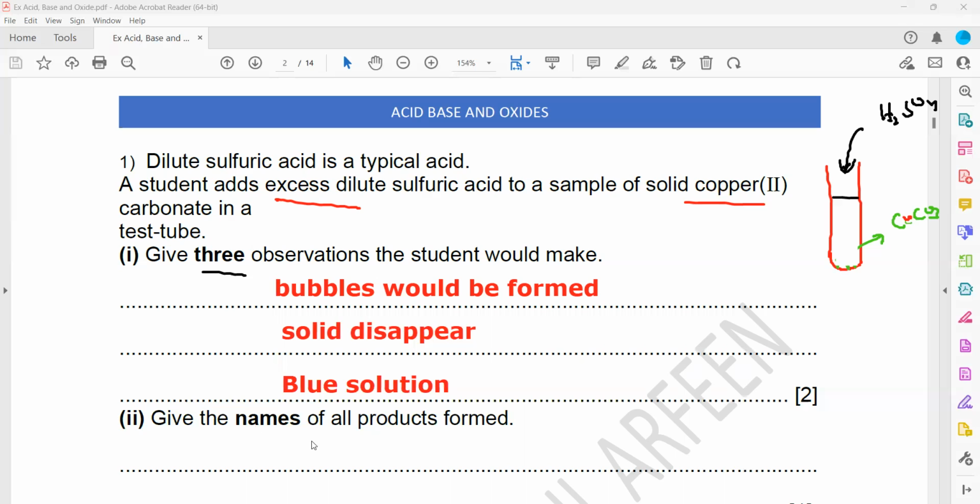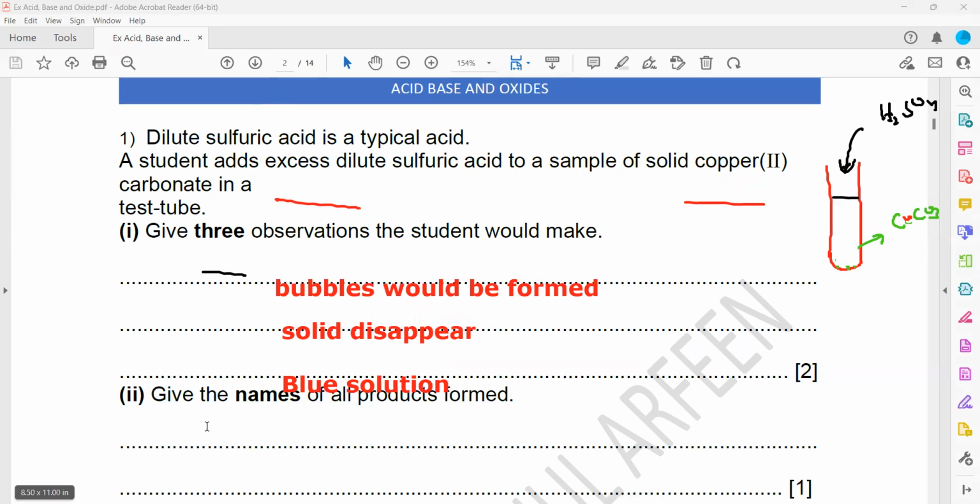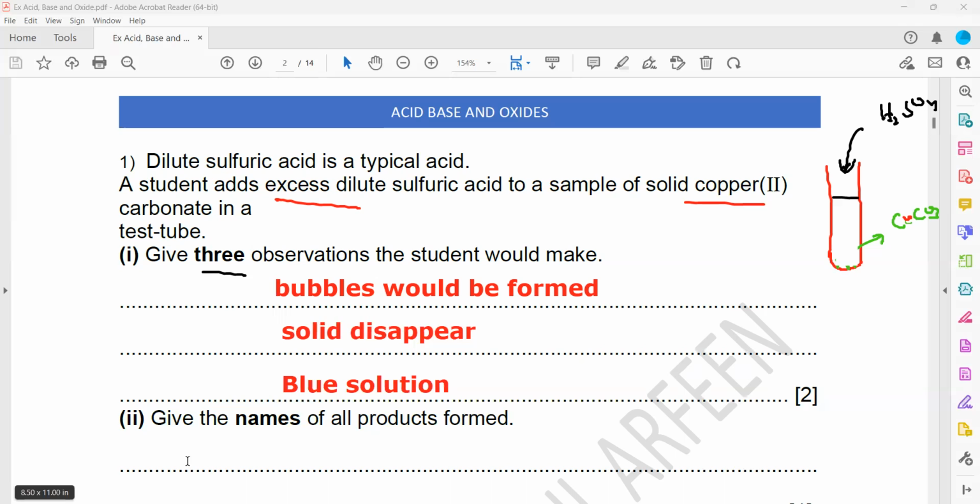Then give the names of all the products formed. What are the products formed when copper carbonate reacts with sulfuric acid? Copper sulfate, water, and carbon dioxide. And when you're writing an answer, you don't have to write an equation, you just have to mention the names of the products which are formed.